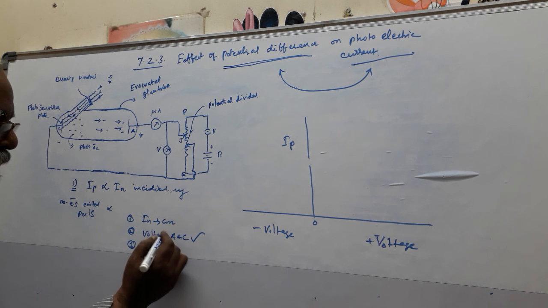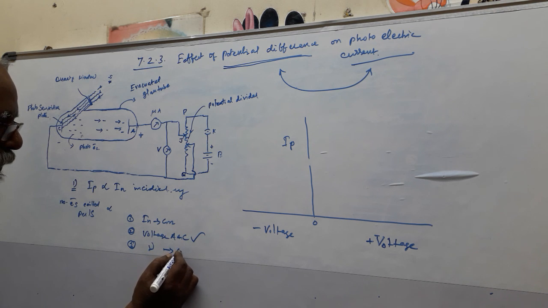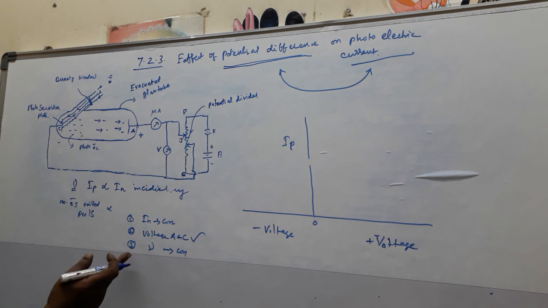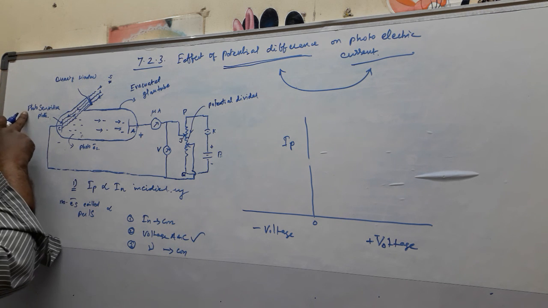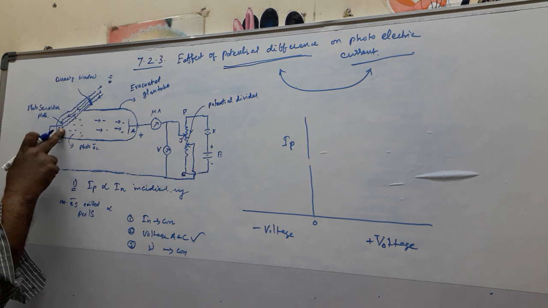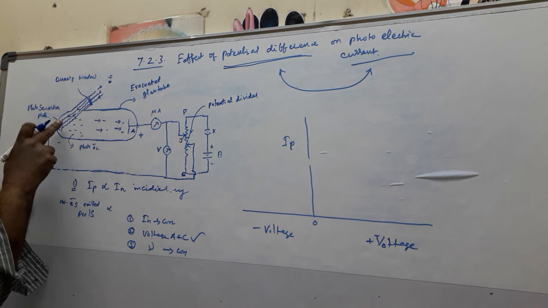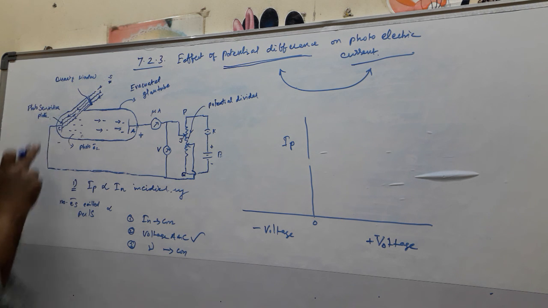The remaining fourth factor, the photosensitive plate or the coating material, is already constant. Okay.